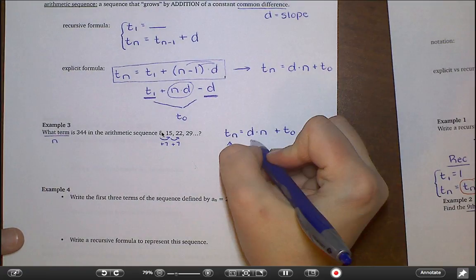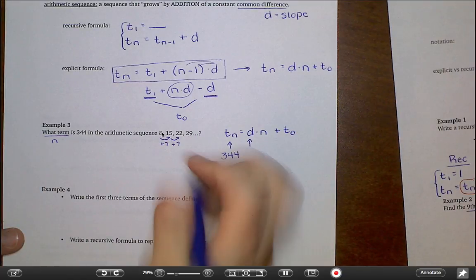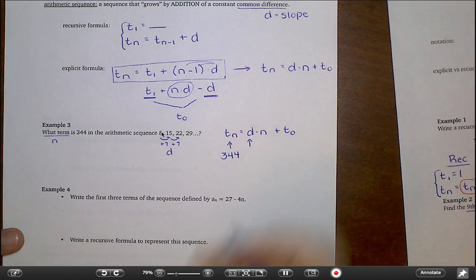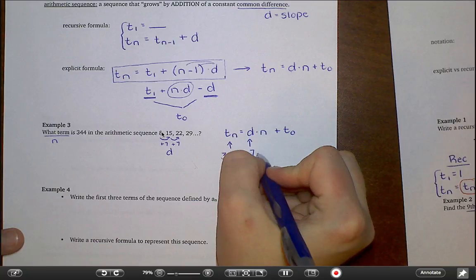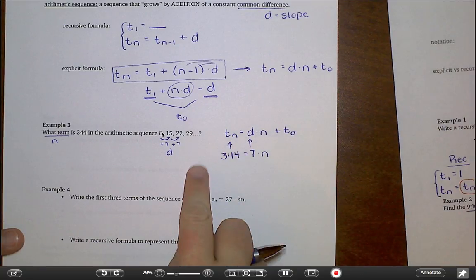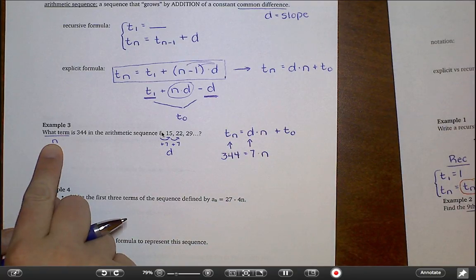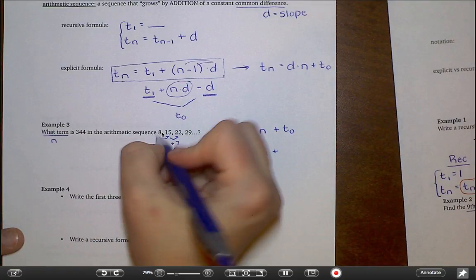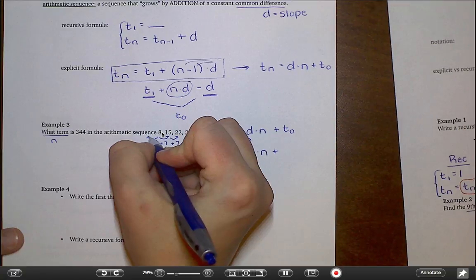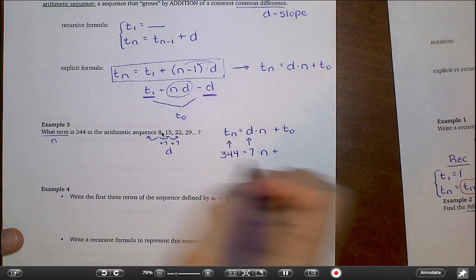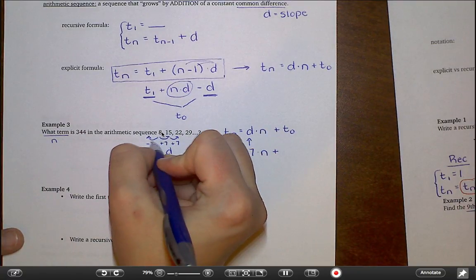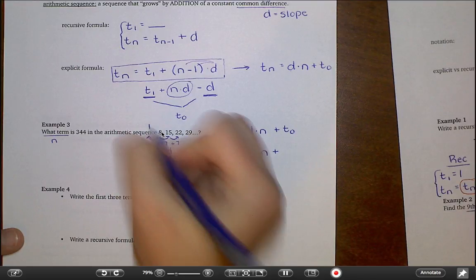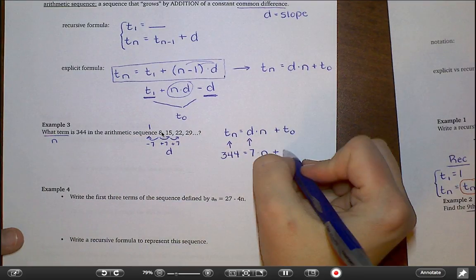We know our d value is 7. Remember that plus 7, that's your d value. N is what we're solving for. I want to know what term this is. And then term 0 would be if I took a step backward from 8. If I went to the term that would come before 8, which would mean subtracting 7, my term 0 here would be a 1.